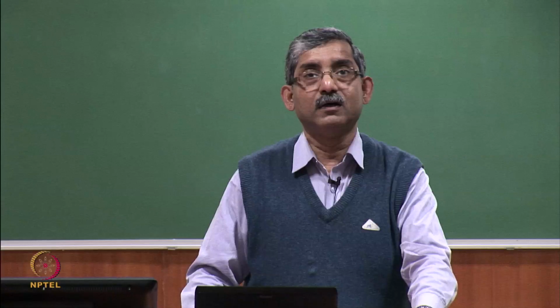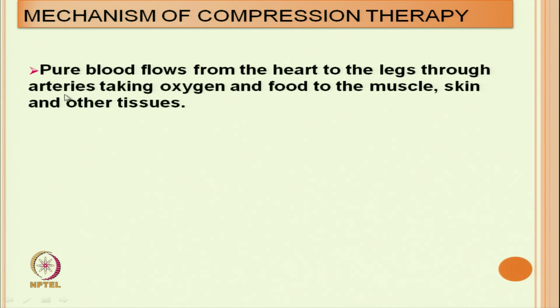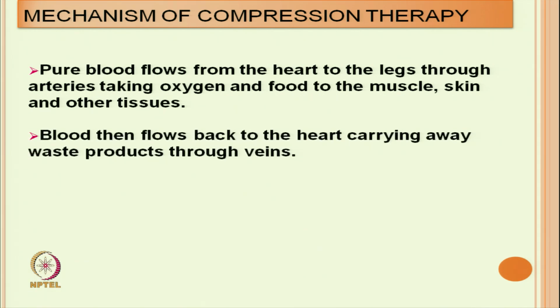Pure blood flows from the heart to the legs through arteries, taking oxygen and food to the muscle, skin and other tissues, so that they get sufficient oxygen and food, and then blood flows back to the heart, carrying away waste products through the veins for purification.